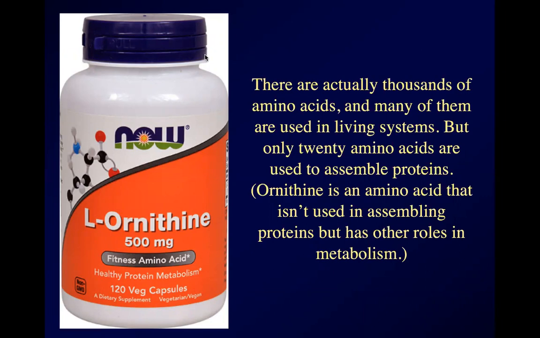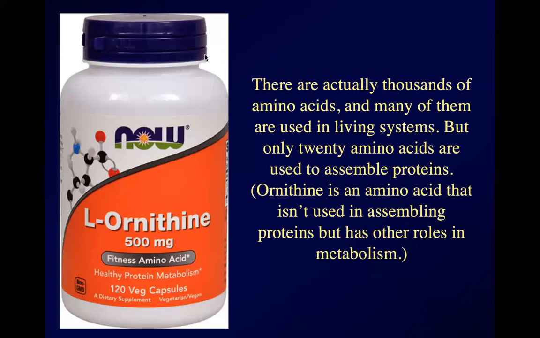And it's sometimes taken by people who are into fitness. Off the top of my head, I'm not quite sure what it does. And I'm not sure whether it works, but it is sold as a supplement. And I show you this because it's an example of an amino acid that is not one of the 20.